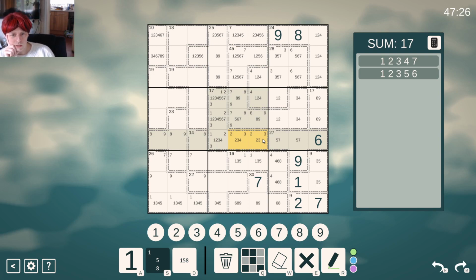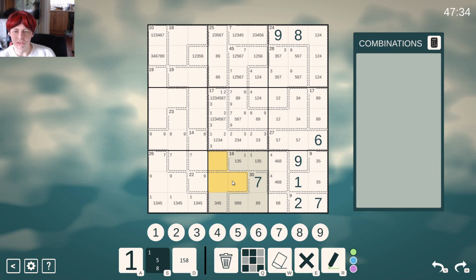And that tells us absolutely diddly squat. One of those is a 2.